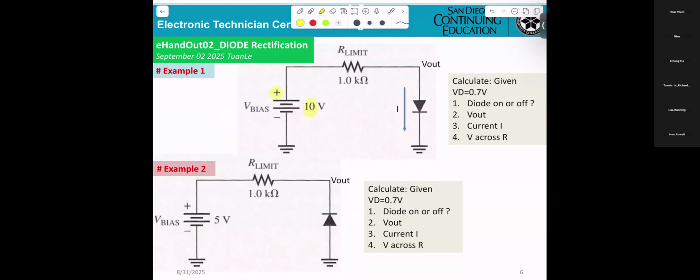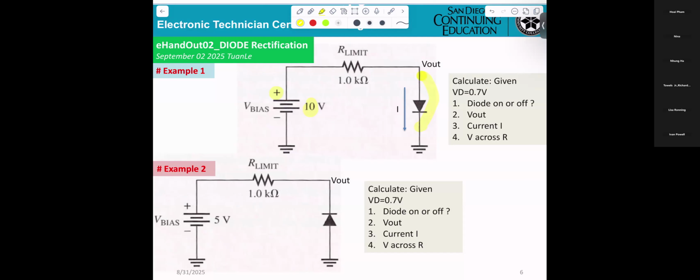In order to know, make sure the voltage here, from Vout to the ground, must be equal or higher than 0.7 volt for a silicon diode.